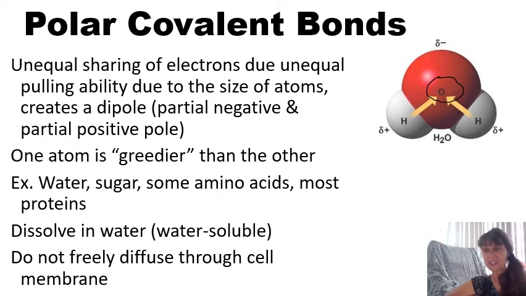Now, hydrogen only has 1 electron, so it can share its 1 electron, and then this hydrogen is going to share its 1 electron. We already have 6 electrons in the outermost shell.